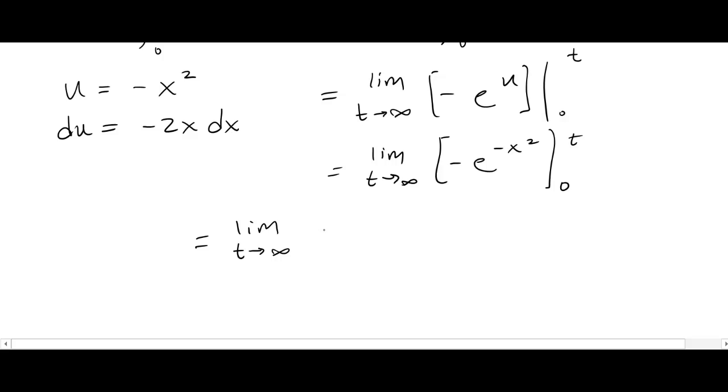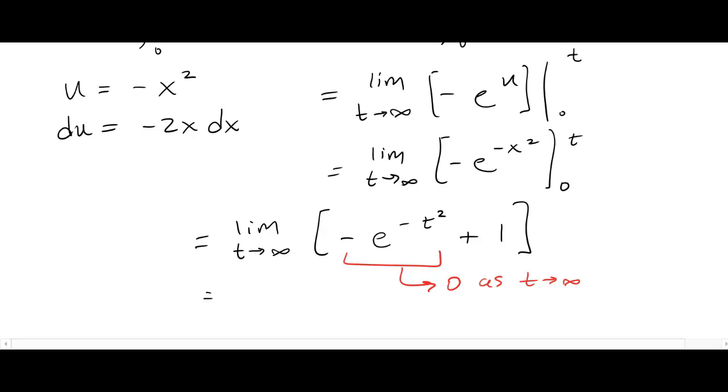We get negative e to the negative t squared, and when we plug in 0, e to the 0 is just 1. So we're adding 1. Now we're taking the limit as t goes to infinity, and as t goes to infinity, this e to the negative t squared is going to 0. So overall, this is just going to 1 in the limit.